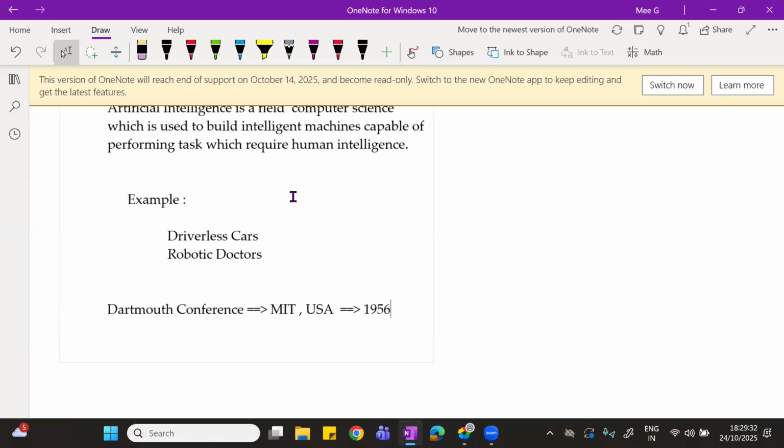1956. This is right after World War II. Not right away, it's like 10 years after World War II. The USA wanted to maintain that superpower status. So they were inviting the best brains around the world into the country. Even now they are doing the same thing.